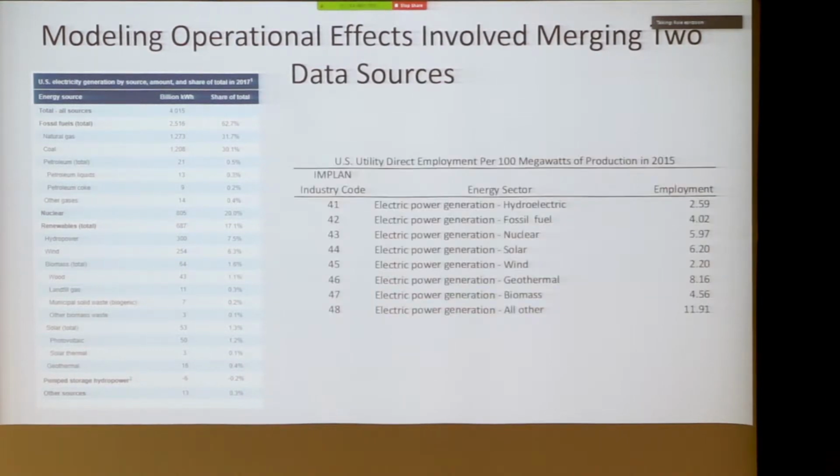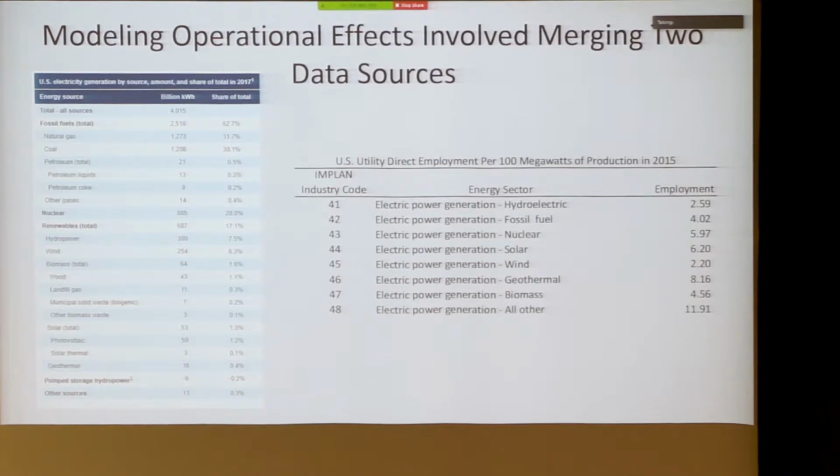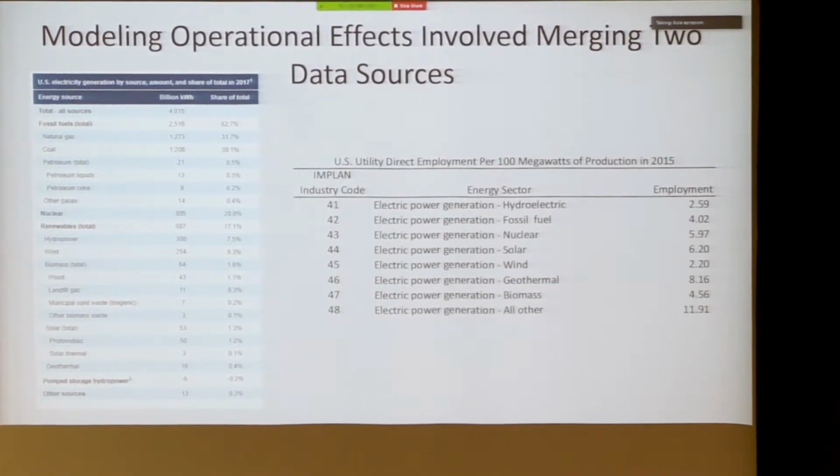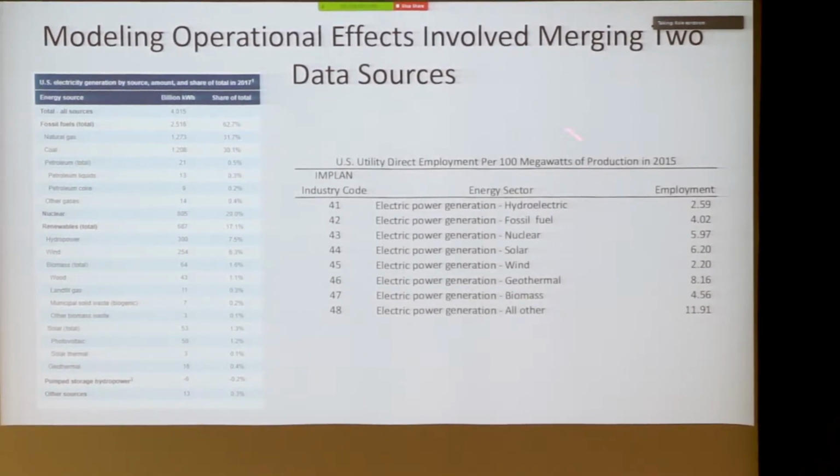The IMPLAN model has several categories as well, in terms of how they've subdivided their power generation. Because I already know the number of jobs in that sector for the year that I built the model, and I know how much energy is produced in those broader sectors, I was able to calculate some factor per 100 megawatts of production.